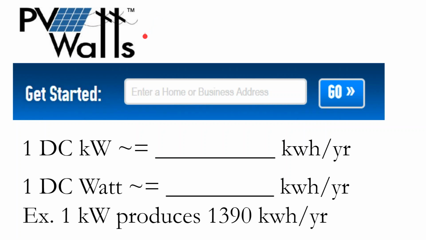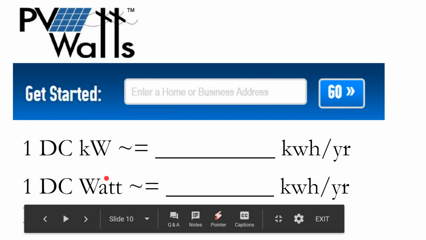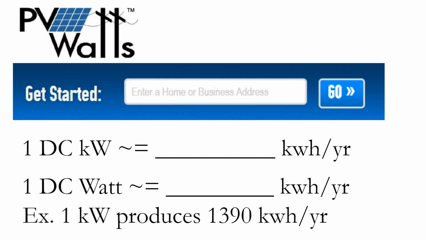So what I want to do now is a PVwatts example, and what I want to find is how much power, or energy rather, 1 watt of solar will produce. How many kilowatt hours per year? Or, there's thousands of watts in a solar array, so we typically multiply that by 1,000 and say how much energy will 1 kilowatt of solar produce in a year, because then you have a scalar.